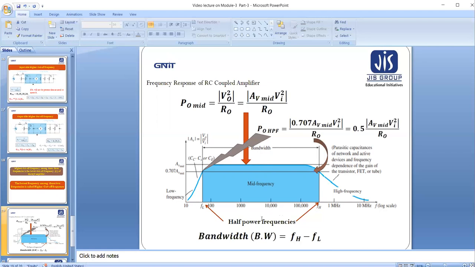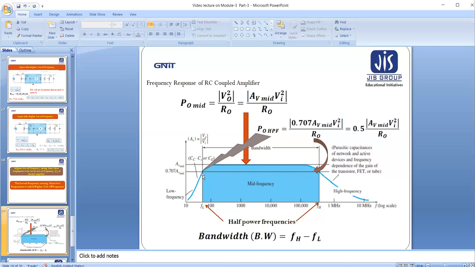If we calculate the output power in this region, it is nothing but V squared by R. So V0 squared can be written as AV mid into VI, voltage gain into input. AV mid was calculated in the previous module. So it is AV mid into VI squared by R naught.